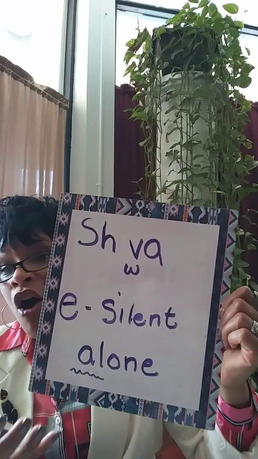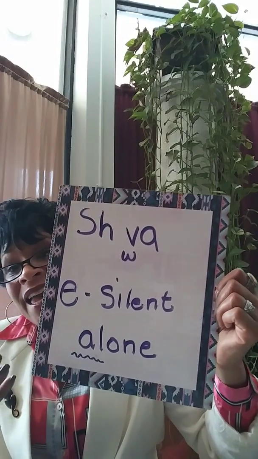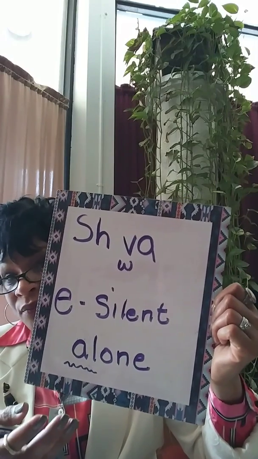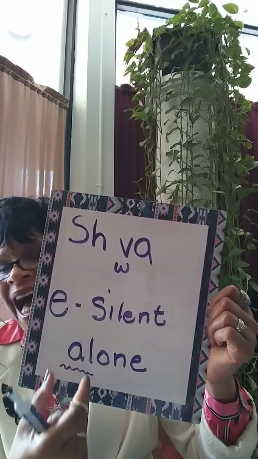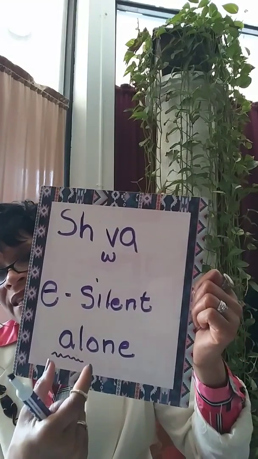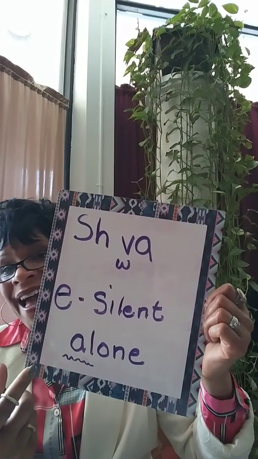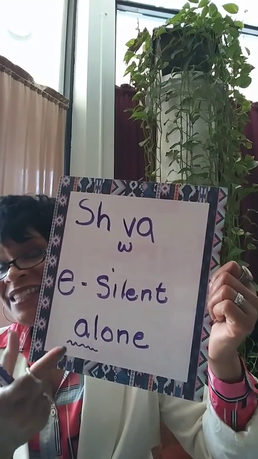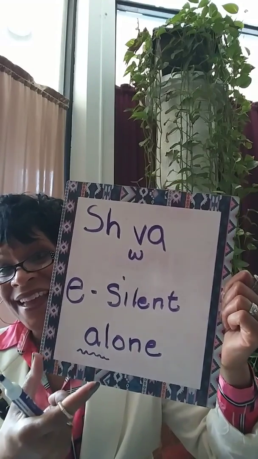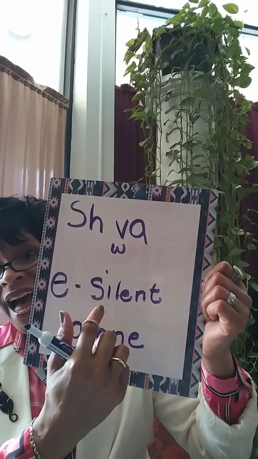It's not a long E. So it does have its gut, but it's silent. It's a silent E that has feeling to it though. It's not quiet, it's just silent. So it's schwa, an E that's silent.